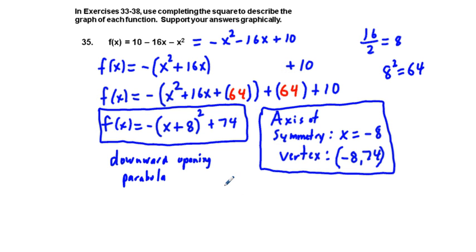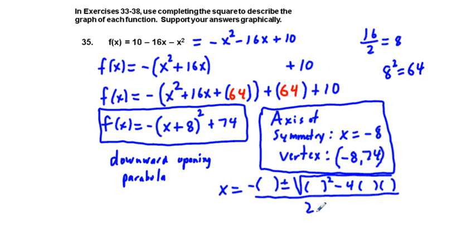For that, x is equal to negative b plus or minus the square root of b squared minus 4ac, all over 2a.